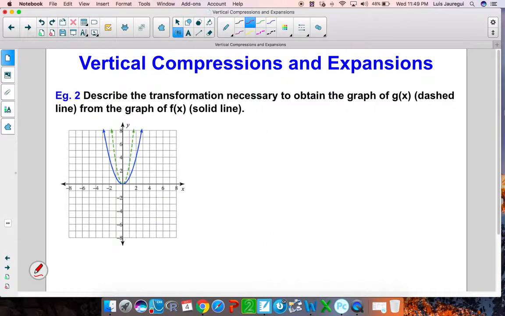Example 2. Describe the transformation necessary to obtain the graph of g of x, the dashed line, from the graph of f of x, the solid line. So here I have my f of x, and I also have my g of x in green.